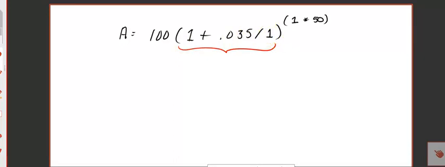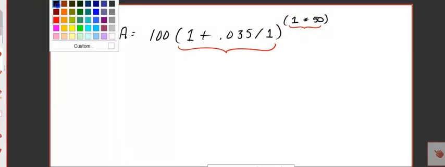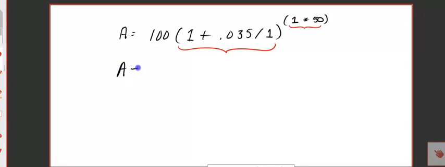Find that value first. And hey, I've got some parentheses here in the exponent position. Find that value as well. And so we'll rewrite this. A is equal to 100 times the 1 plus 0.035 divided by 1, which is just 1.035. So I'll find that value on my calculator.